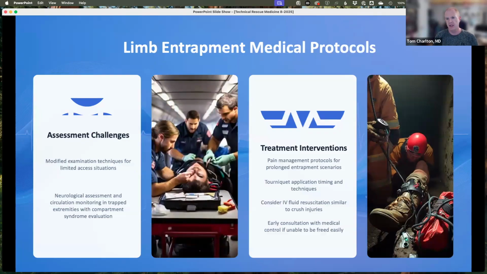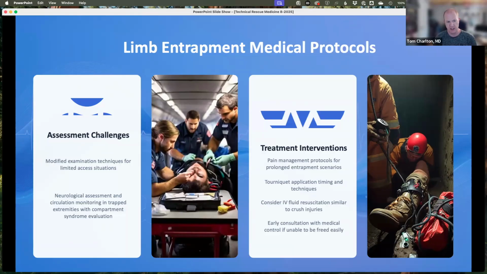All right, let's talk quickly about limb entrapment. With limb entrapment, we are going to have potentially limited access to be able to assess the limb in its whole. Try and do whatever kind of neurologic assessment you can.